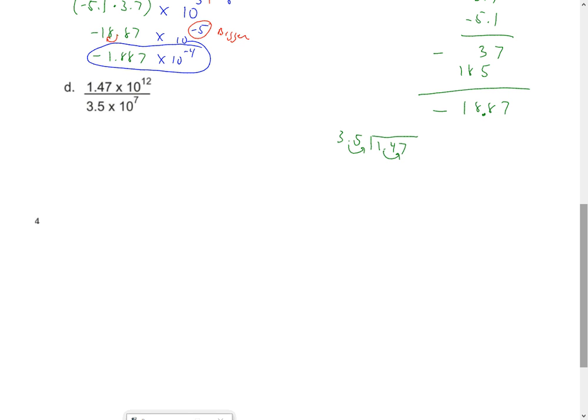Does 35 go into 14? No. 35 into 147. How many times? 35 times 2 is what? 70. 2 70s is how much? 140.